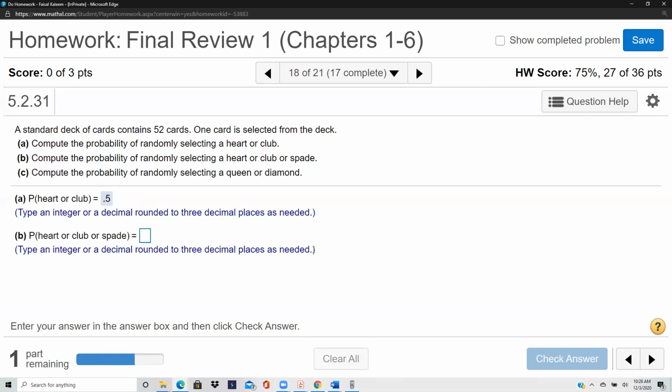Heart or club or spade? So it would be 0.75. Right.